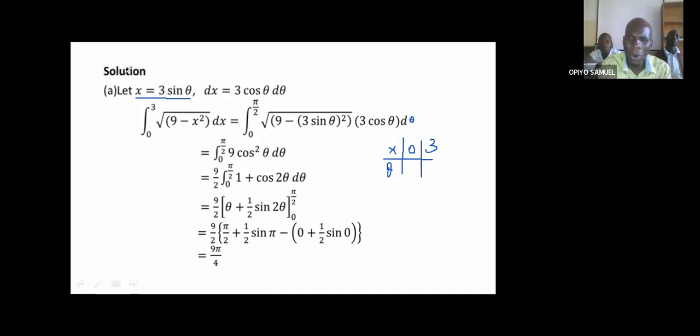When x is 0, we come and substitute here. 0 equals 3 sine theta. So from here you can see that sine theta is equal to 0. And theta will be sine inverse of 0, which is equal to 0 also.